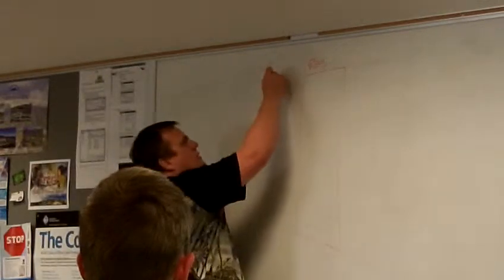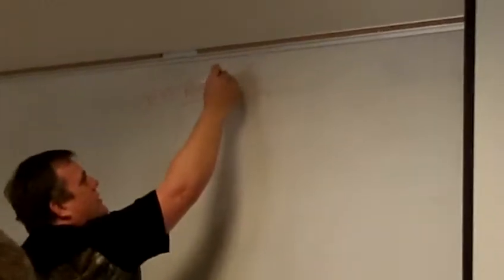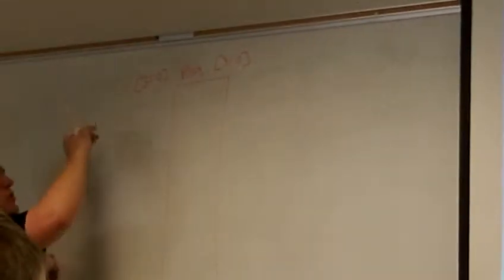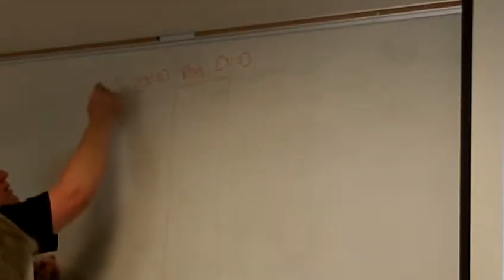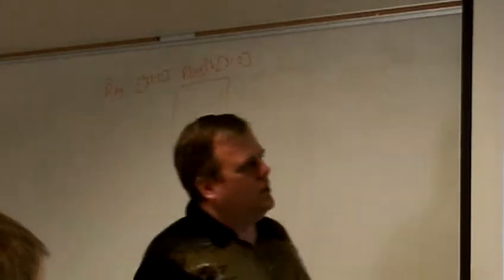The bracket before gives you the width, and the bracket after gives you the number of entries. You can do 0 to 31. Now you can't call it reg, that's a keyword, so you might want to call it reg file or something like that. I called mine reg underscore file.